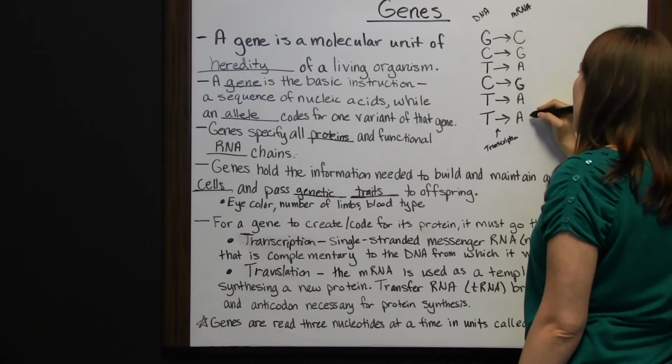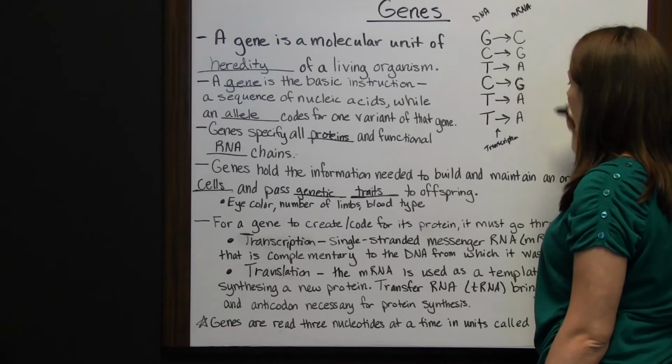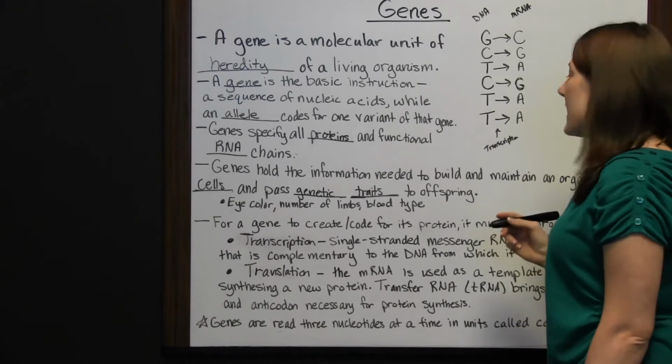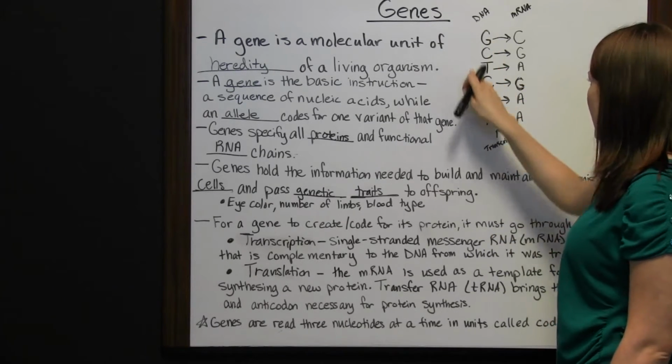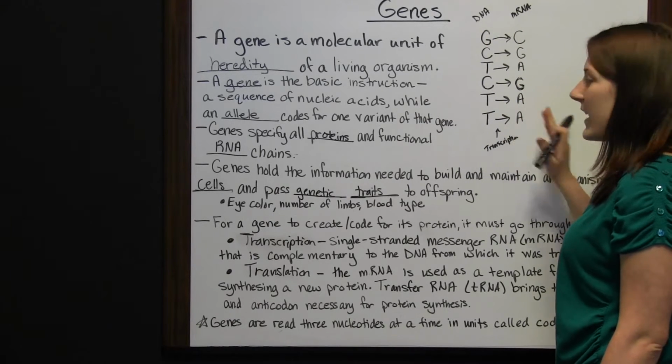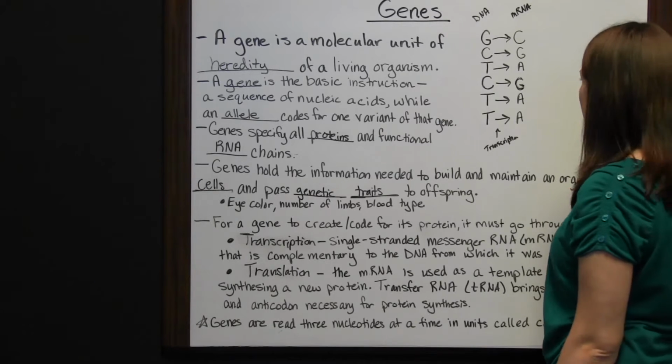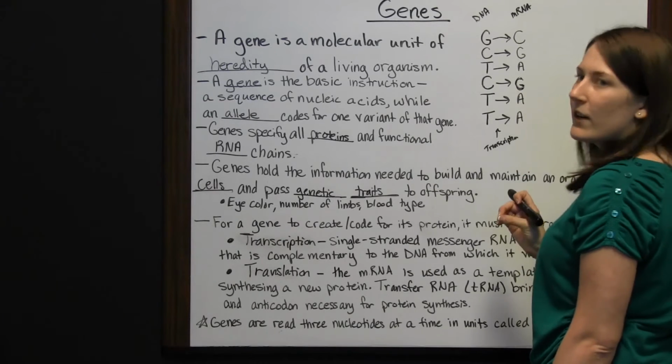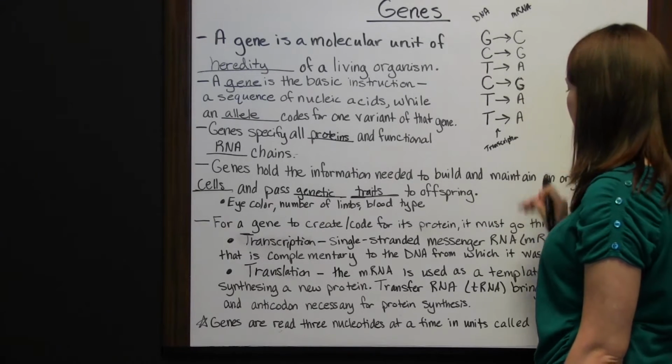So the messenger RNA is going to carry this sequence. So you can see how it isn't exactly what was on the DNA, it's what base would have paired with the DNA. So it's kind of like a code you've got to sit here and figure out. You've got to decode what the messenger RNA says.